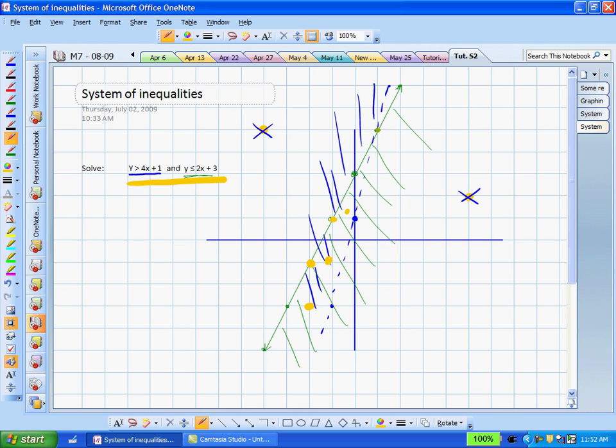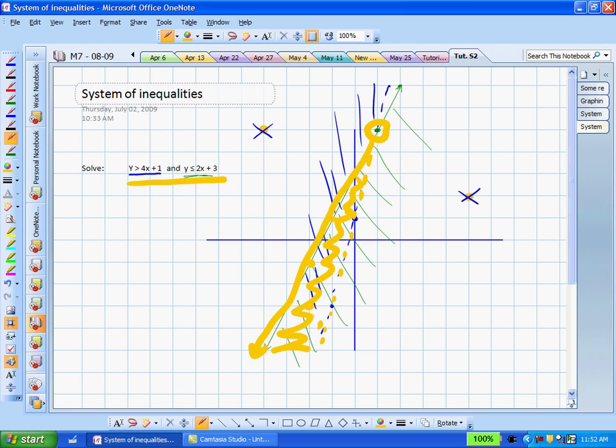So this point, which is on the dotted blue, does not work. So that's an open circle there. The stuff along the dotted blue does not work, right? The stuff on the green does work, and everything in here works. Okay? So that's our final answer.